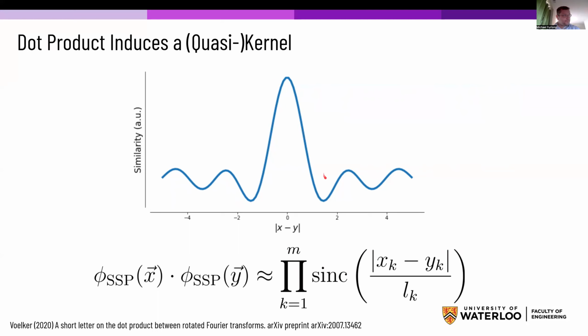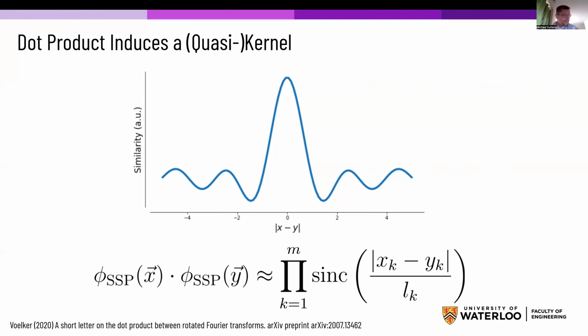And there's this wavy function here. I suppressed this for most of the talk, but we also have a length scale, which can be an element-wise division of this distance measure. And I should point out that we call this a quasi-kernel because this value can become negative, and so that violates some of the assumptions about kernel functions in kernel function theory.